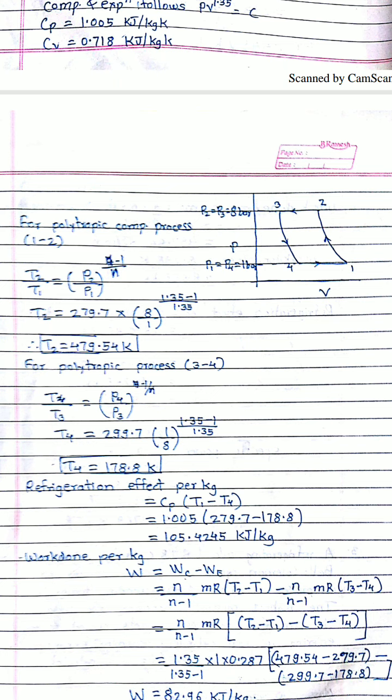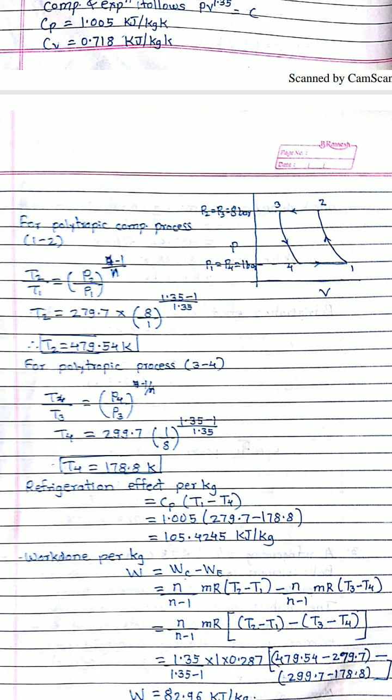But the mass is not given here, so therefore m is taken as 1, Cp is given 1.005, T1 is given 279.7, and T4 is calculated 178.8.